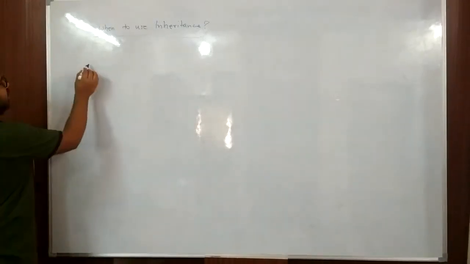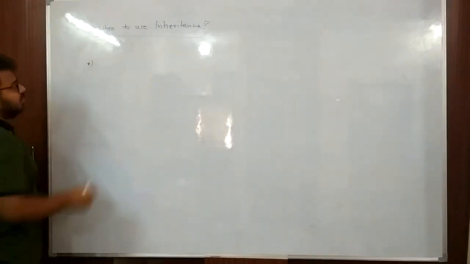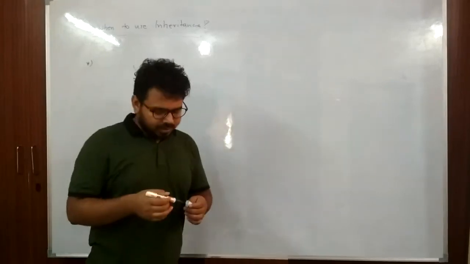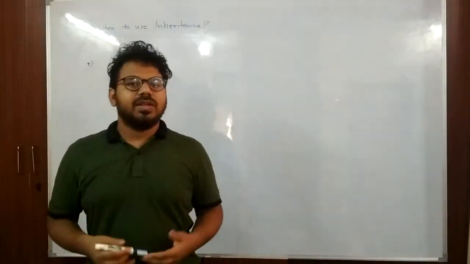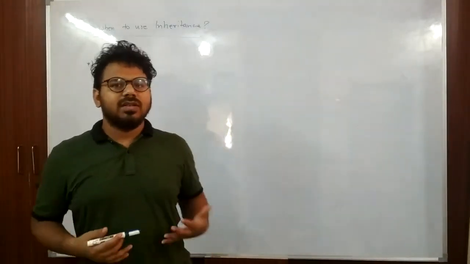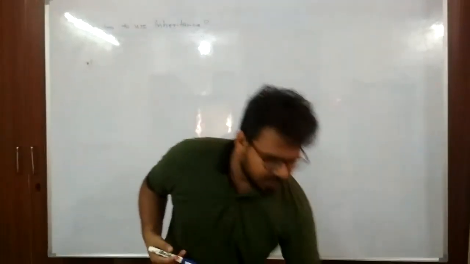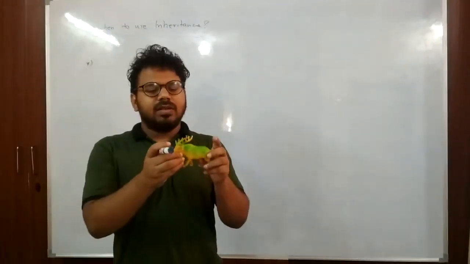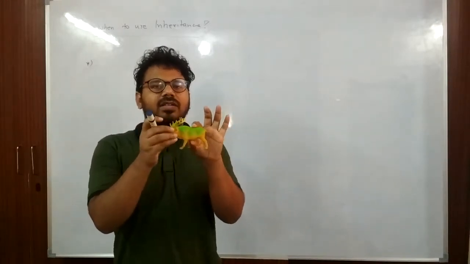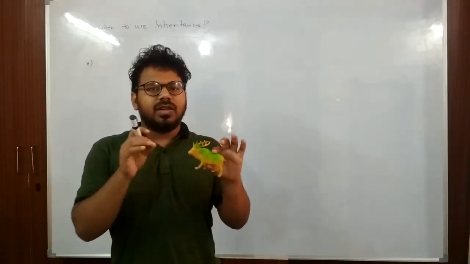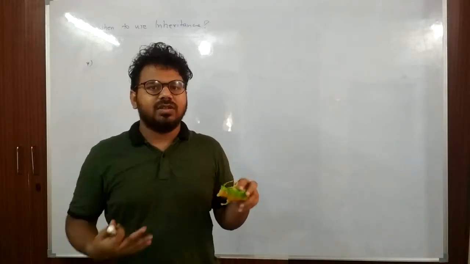So what should be the condition to use inheritance? The first condition is that we should pass an IS-A test. Here, the same example: this stag is an animal. So it passes, that is, it is logical.